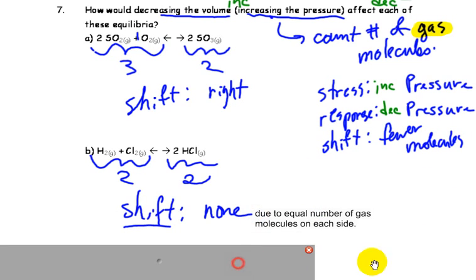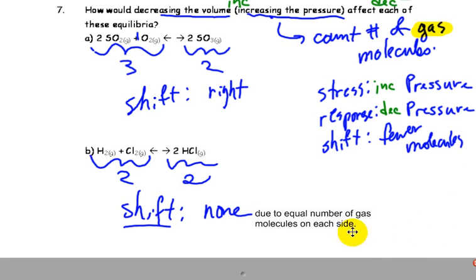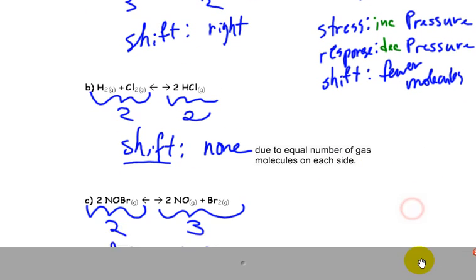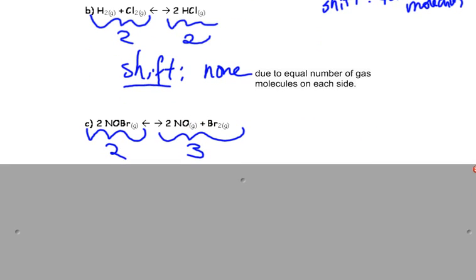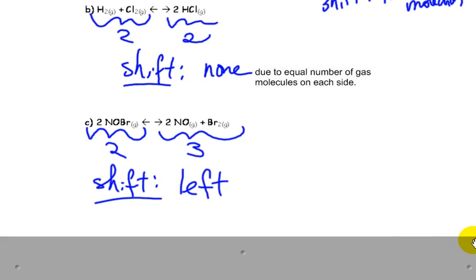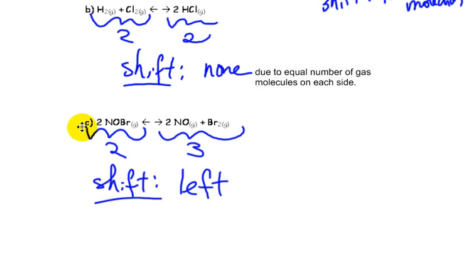They're both identical. So there would be no shift, due to each side having the same number of molecules. Okay, the next one, 2 molecules on the left, 2 plus 1 is 3 molecules on the right. So if I was to increase pressure there, it would shift to the left, to the side that has 2 molecules. So that's how pressure works.